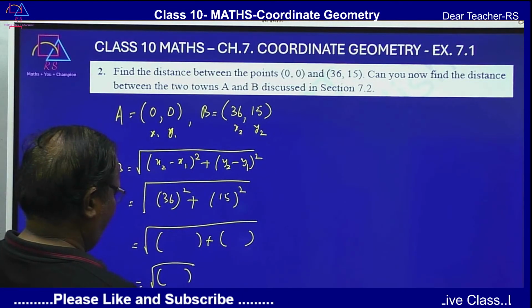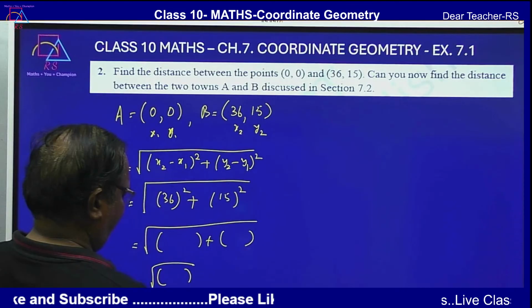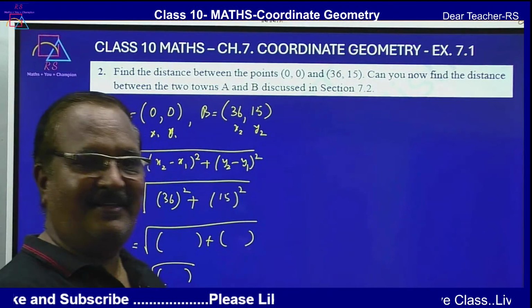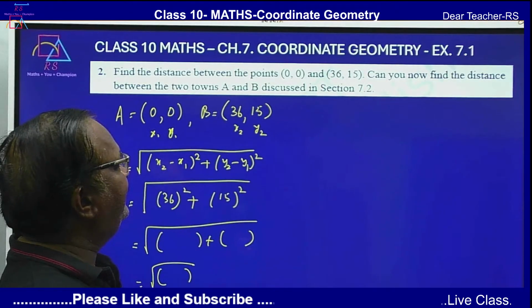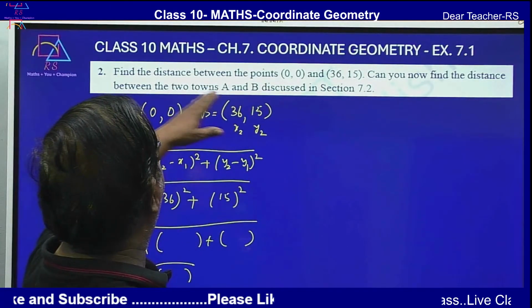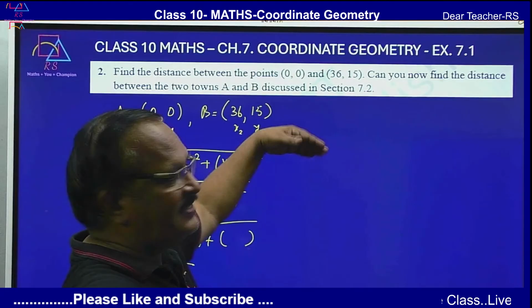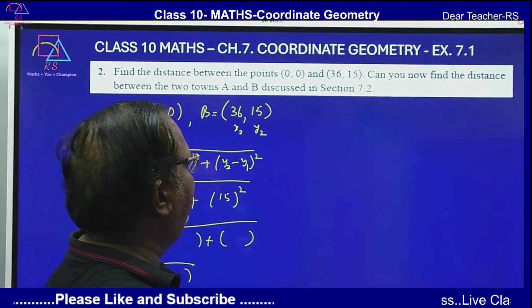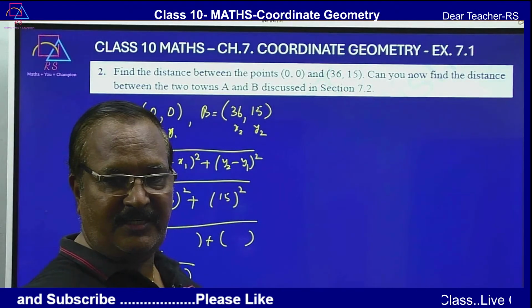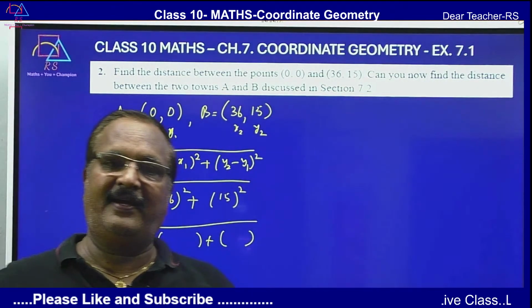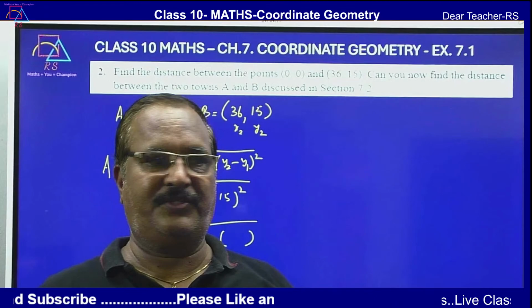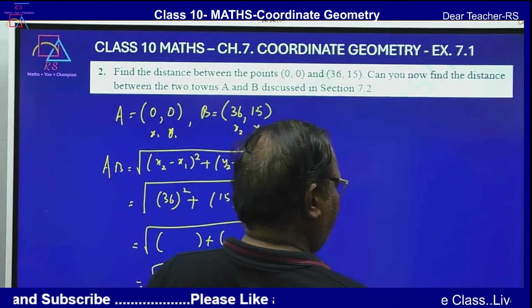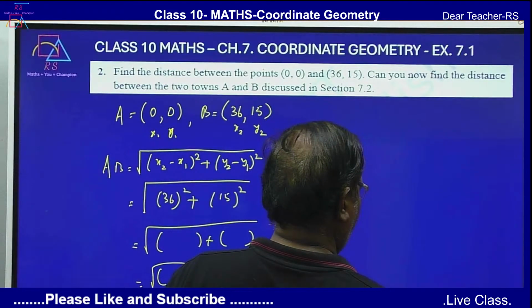Find the root and you get the answer. Okay, 36 square how much? You just find out. So can you find the distance between the 2 towns A and B as discussed in section 7.2? We have to see section 7.2 and answer that question accordingly. So now I will go to another question.